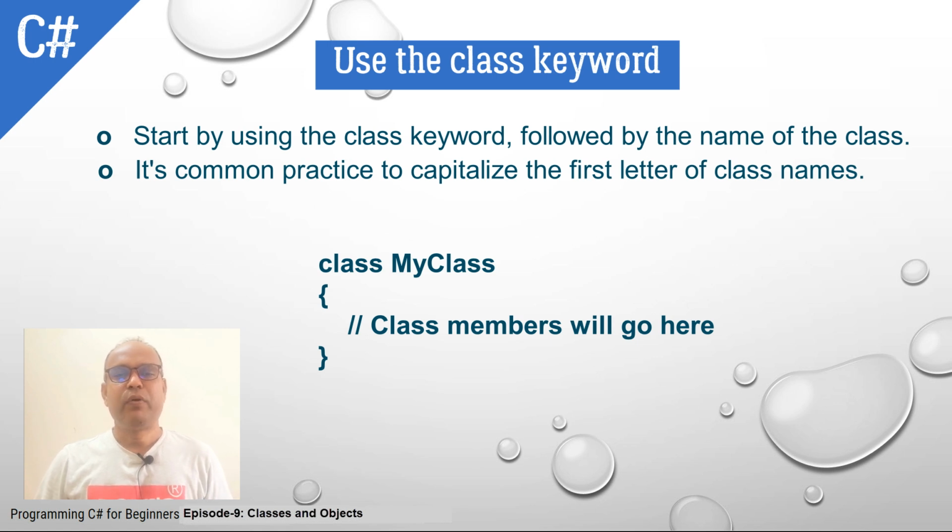In this example, the keyword class is always used to define a class, and MyClass is the name of this class. All the required class members, including variables or fields and methods, are defined within starting and closing curly braces.